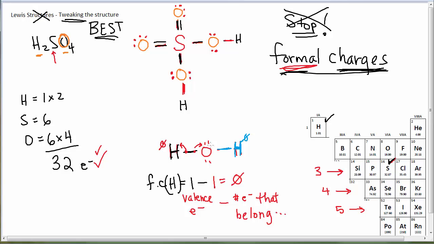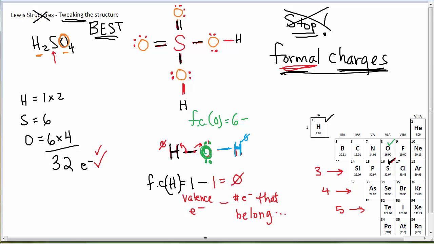For oxygen, in this particular structure, oxygen has 2 lone pairs and 2 single bonds. So if we were to calculate the formal charge of that oxygen, we would start with his number of valence electrons, that would be 6, and we would subtract the number of electrons that belong to oxygen in this structure. A lone pair belongs to the atom that the lone pair is on.